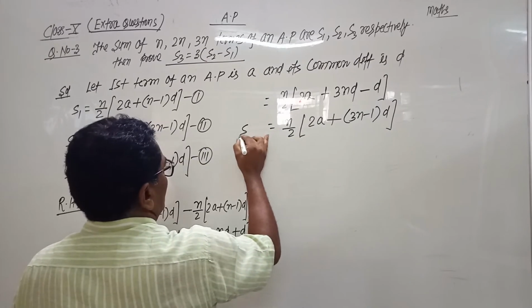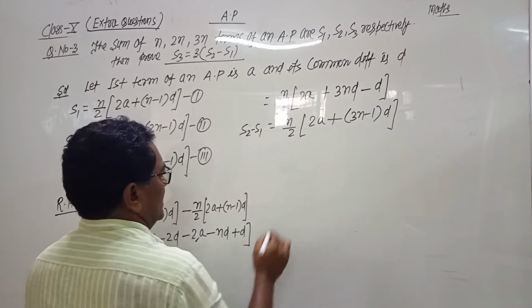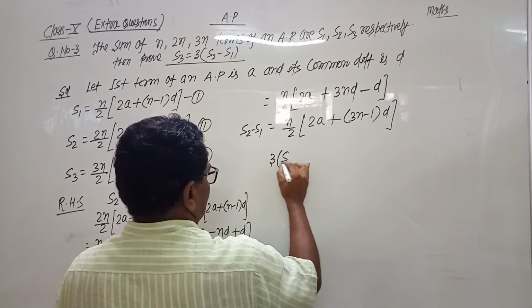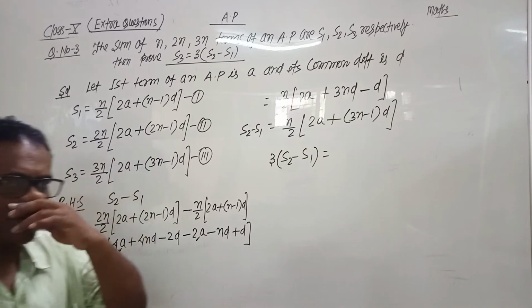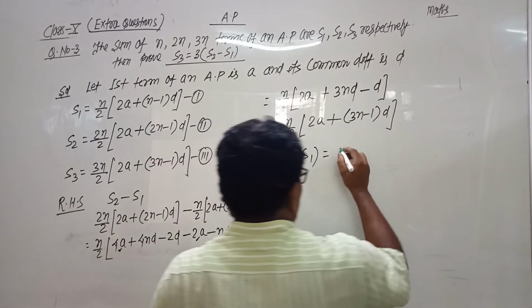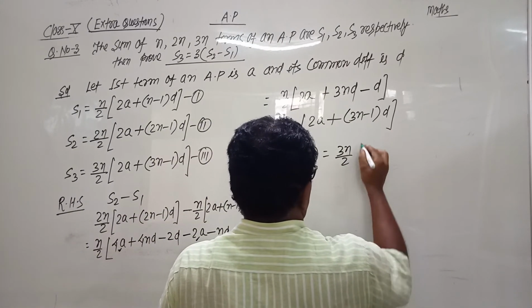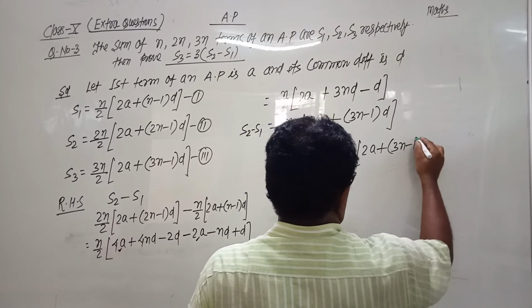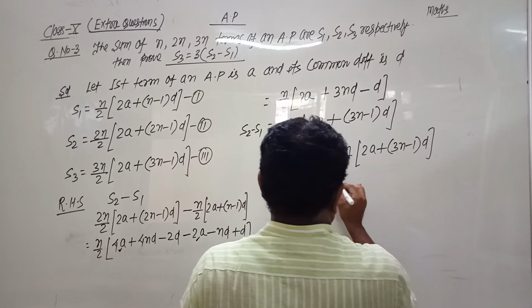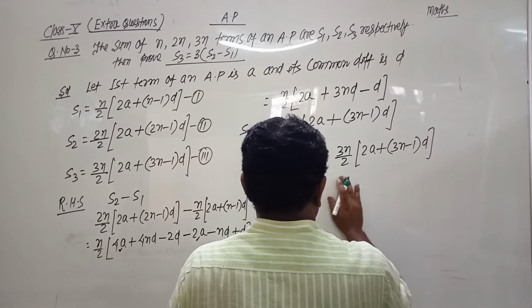This is S2 minus S1, and we need 3 times of S2 minus S1. So this whole term is multiplied by 3. Then 3n by 2, 2a plus 3n minus 1 into b, and this is RHS.